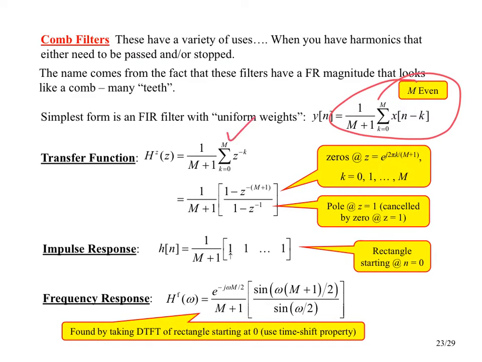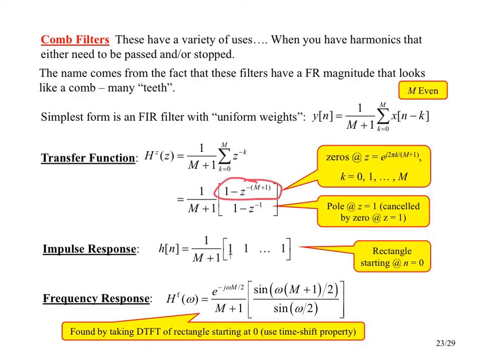We can easily write the transfer function that way, and then with a little bit of algebra we can show that it also can be written this way. And when we do have that structure, after we've manipulated it that way, we can see this structure here.